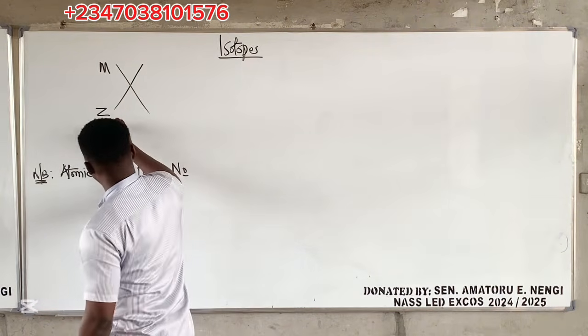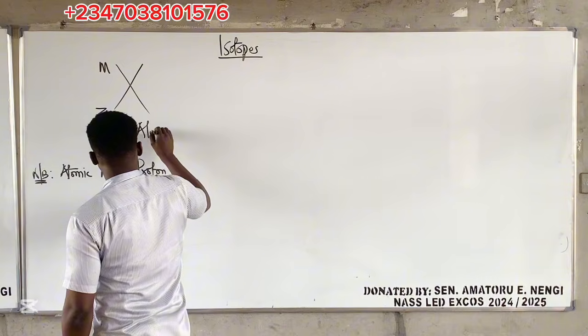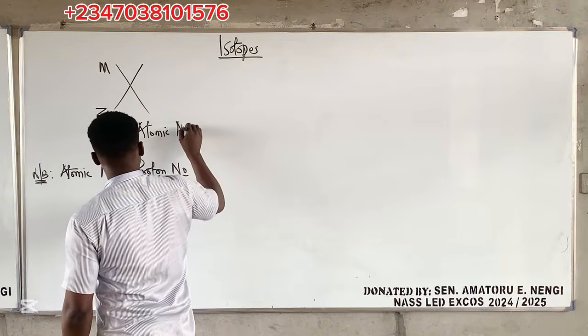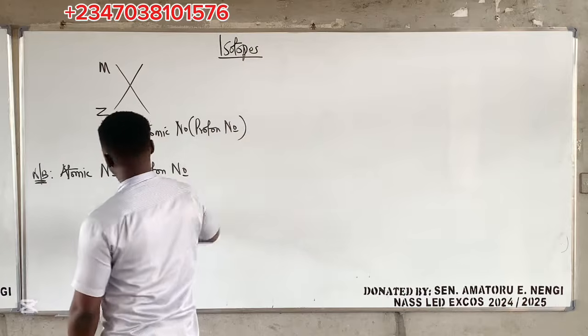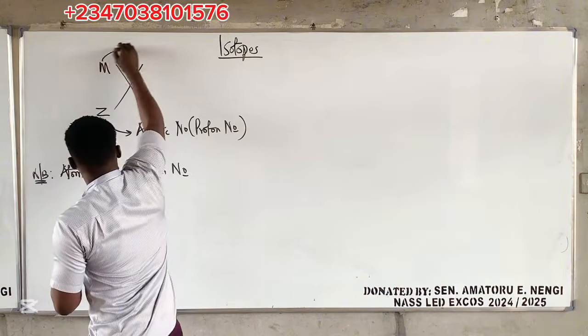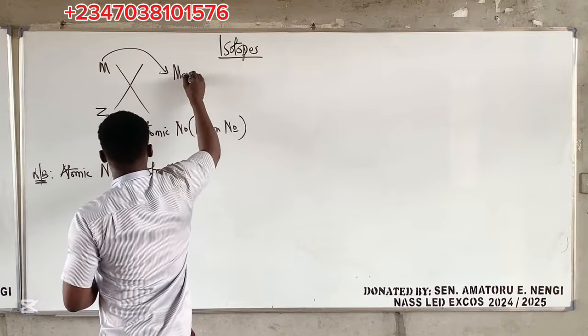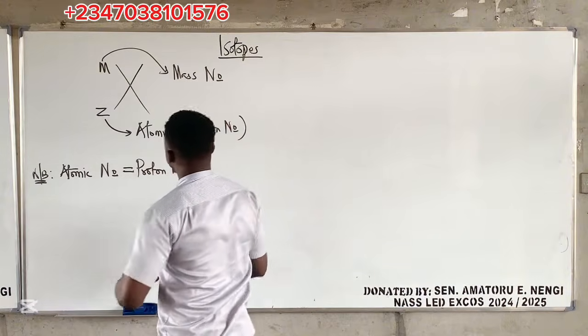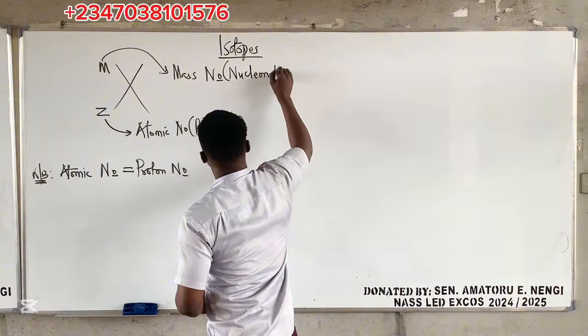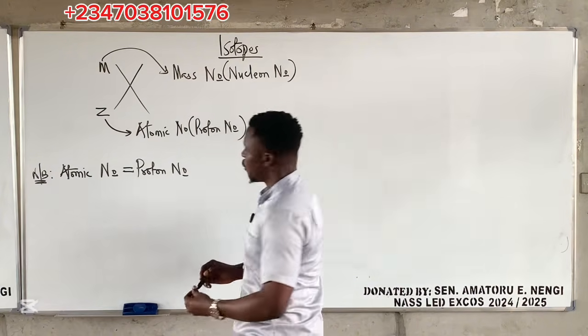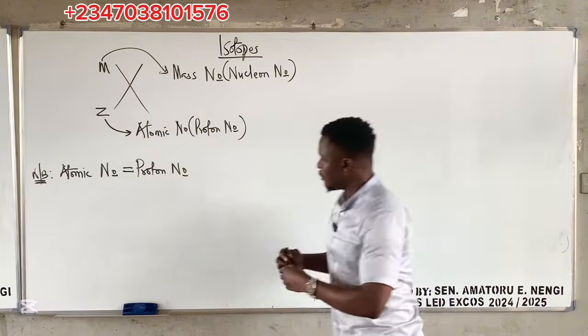This Z you're seeing here is the atomic number, which is also known as proton number. Whereas this M is mass number. Now, mass number can also be called nucleon number.